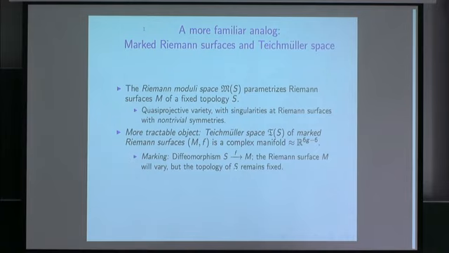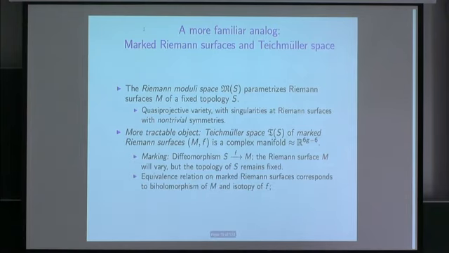And this is very important. A marking will be a map from the fixed topology S into the space that has some extra structure, in this case a Riemann surface. The Riemann surface varies, the topology S remains fixed, but we keep track of the homotopy class of f.